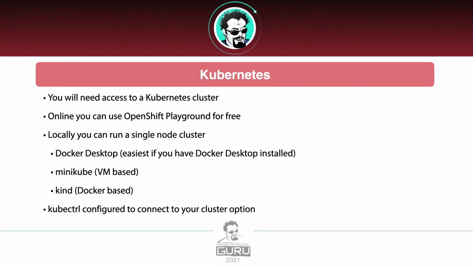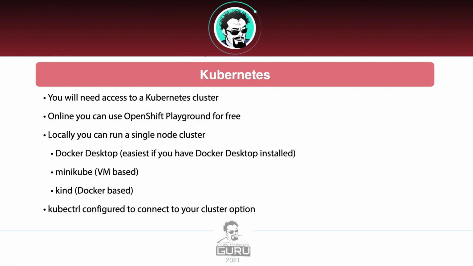Kubernetes, as we get into the Kubernetes content, you are going to need access to a Kubernetes cluster. Now, online, you can use the OpenShift Playground. Just Google OpenShift Playground. It'll take you right to it. You can get a free hour within a Kubernetes cluster to do what you would like. I will be running locally. So if you've installed Docker Desktop, I am running Mac OS, and I have installed that. You can simply enable that.